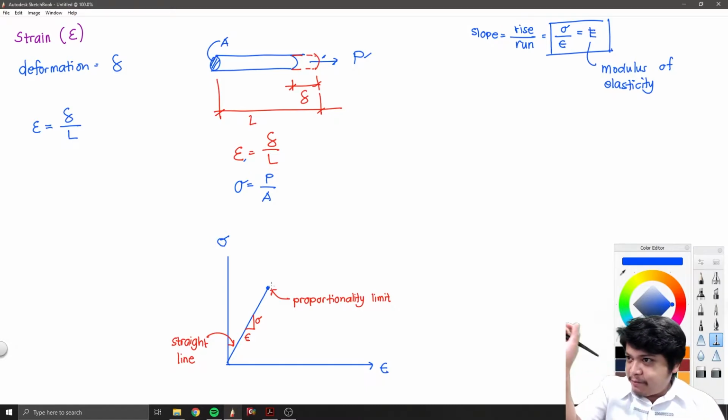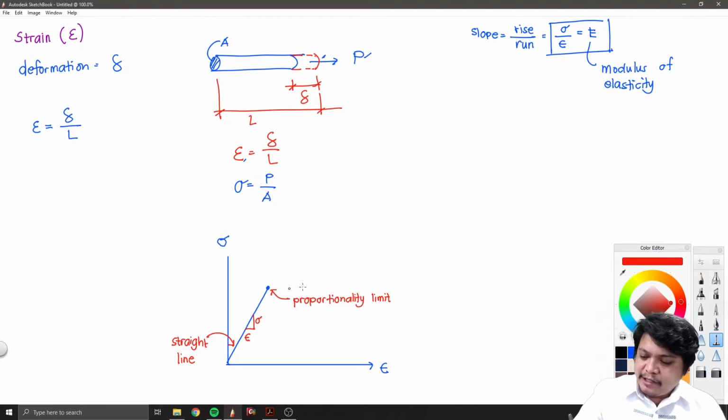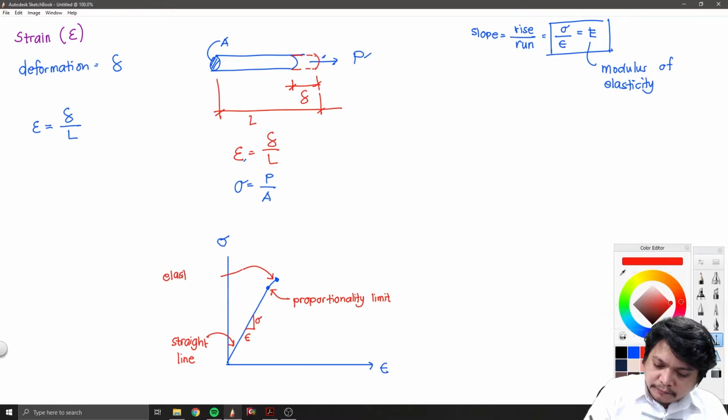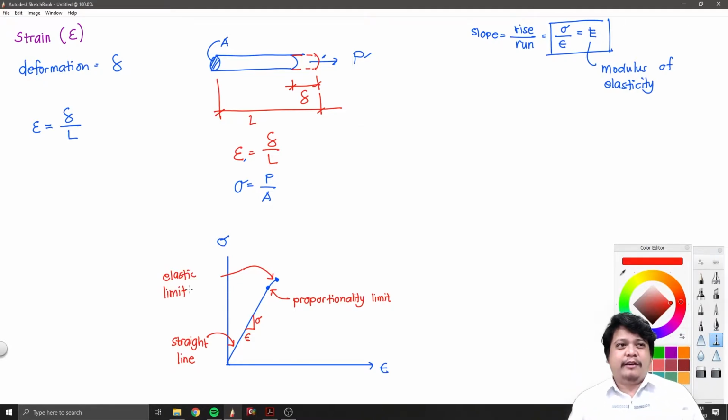Kasi kapag nilakasan mo pa ng hila yan, just above the proportionality limit, magkakaroon na yan ng tinatawag nating elastic limit. Ito yung point or yung stress dun sa material or strain dun sa material na kapag tinanggal mo yung load, babalik pa siya sa original position niya.